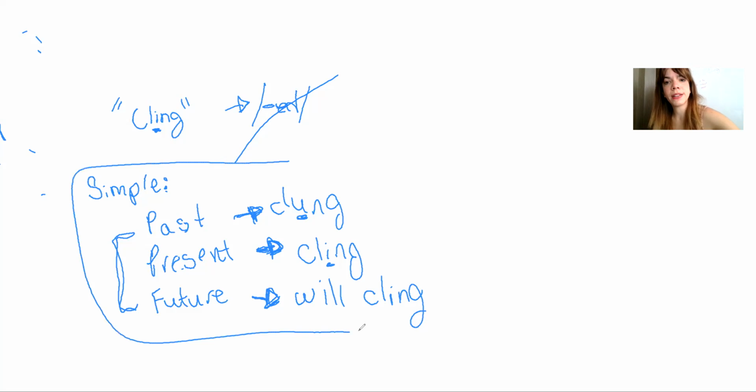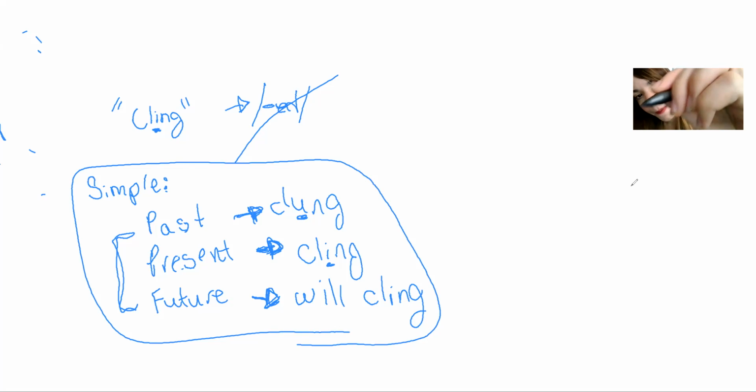Now let's do the next set, which is progressive. So we're going to conjugate now in progressive tense. Progressive means the act is currently ongoing.